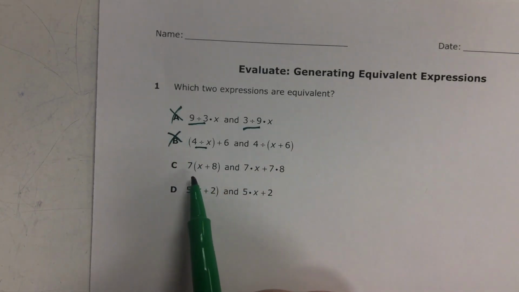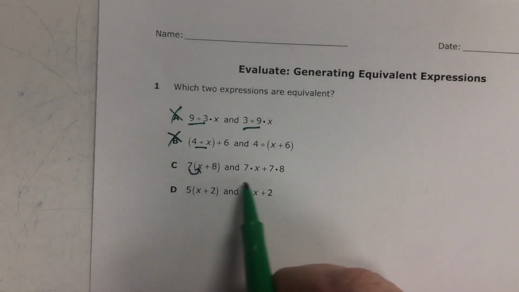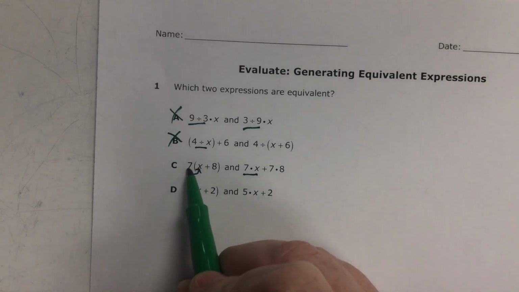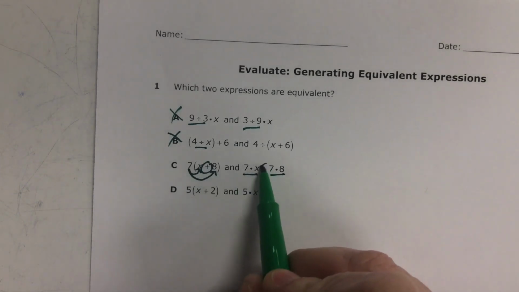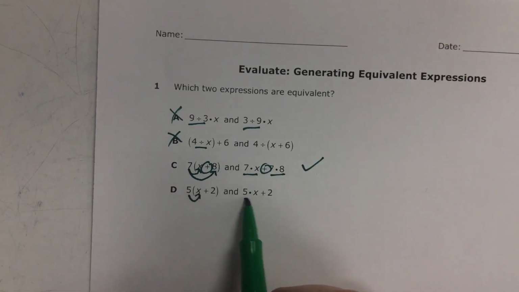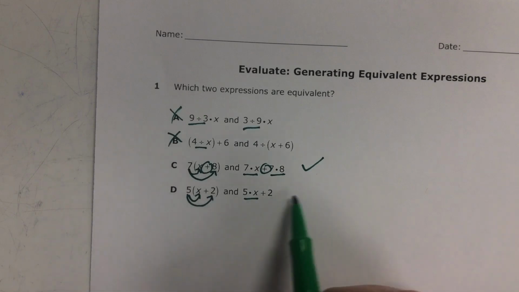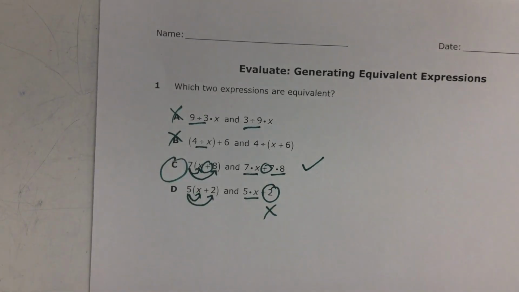This one looks like it's trying to use the distributive property. 7 times x, 7 times 8. Oh, that looks good, and then a plus sign. Okay, let's try right here, though. 5 times x, that's good. 5 times 2. Uh-oh, that's a mistake. So that answer is C.